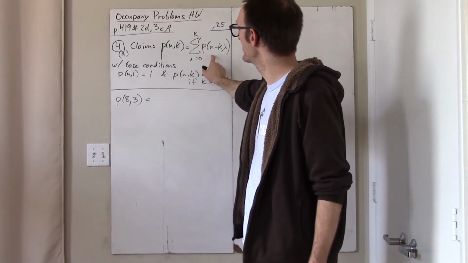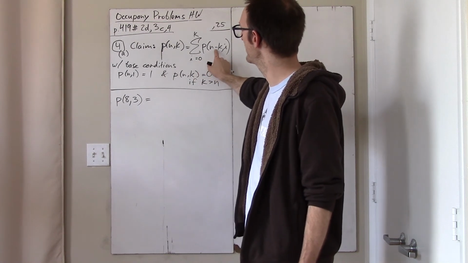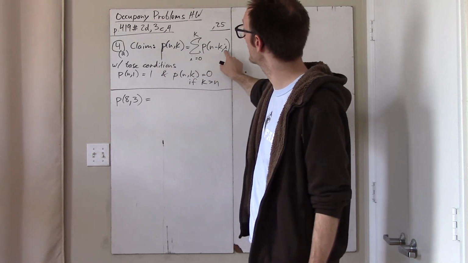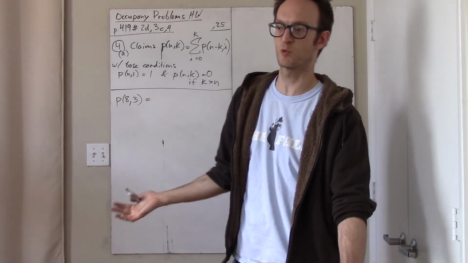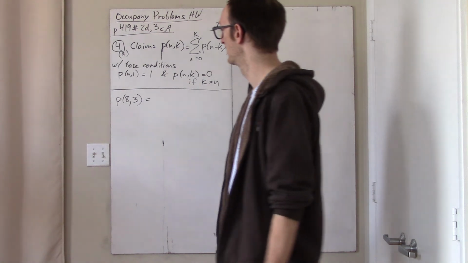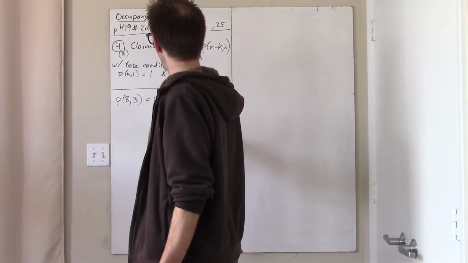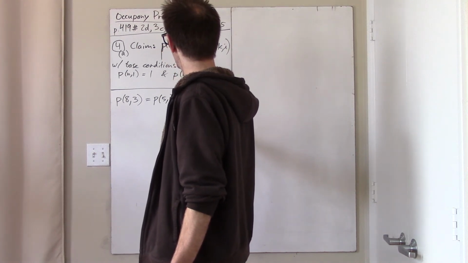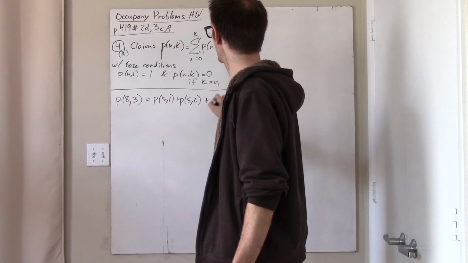According to this formula that we need to prove, it's starting at 0, so it's going to be P(5,0). Okay, but I just don't want to write P(5,0) because that's just stupid, because P(5,0) is just 0, and I'm running out of space here. So I'm going to write P(5,1) plus P(5,2), and I'm supposed to stop at k, so P(5,3).